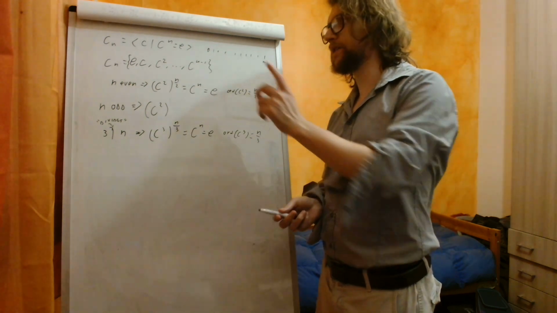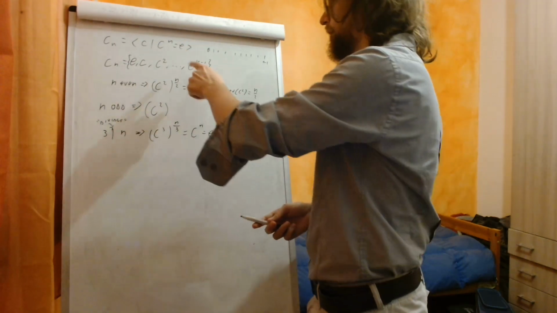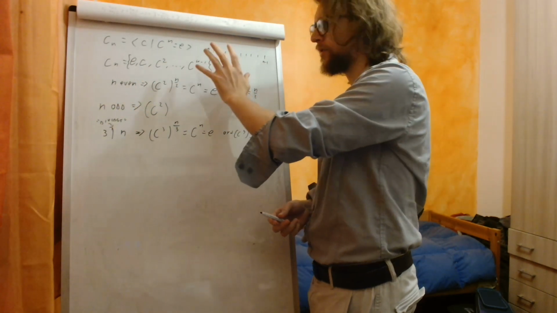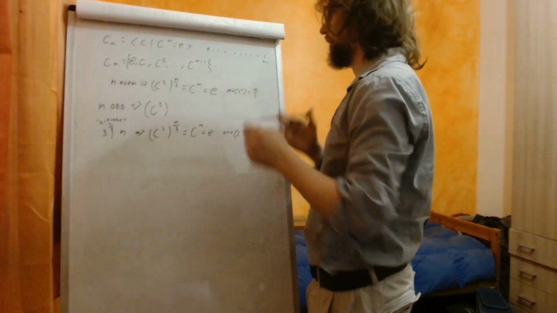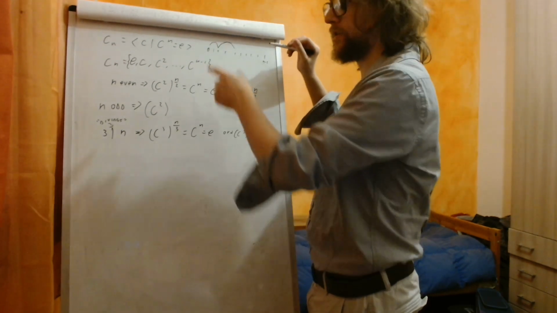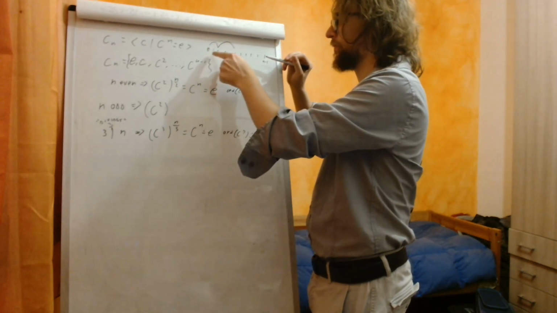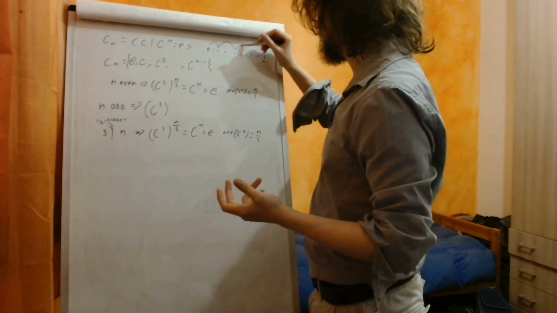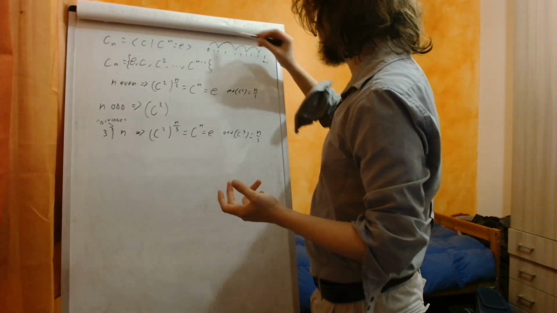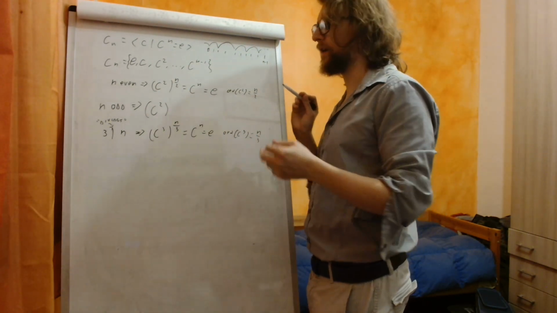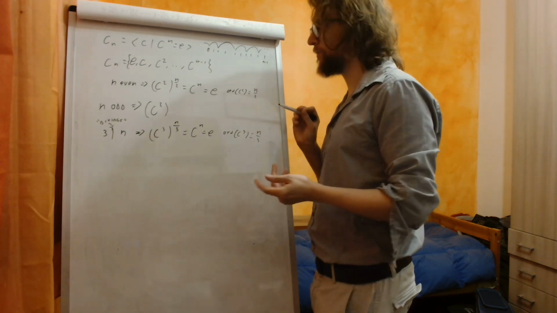Now we said, with one generator we have cyclic groups. The order of C is n. The order of C squared, if n is even: you apply C squared and you skip half of the pieces, and you will arrive at the identity after n over 2 steps.